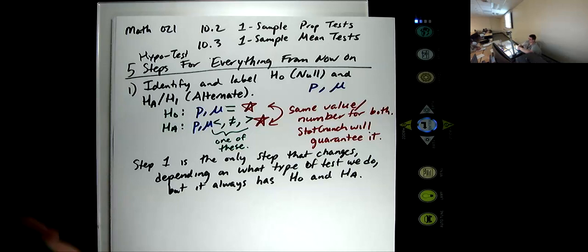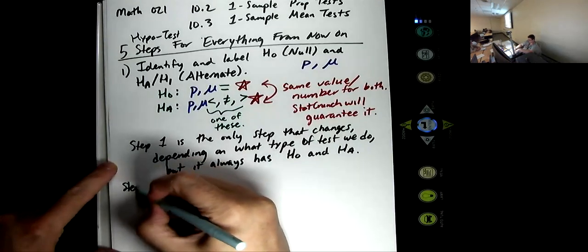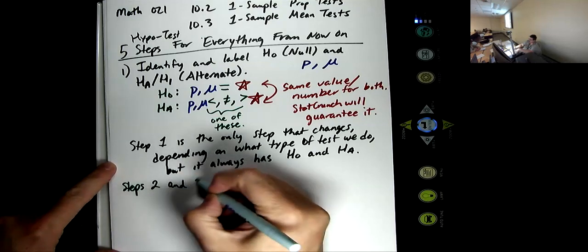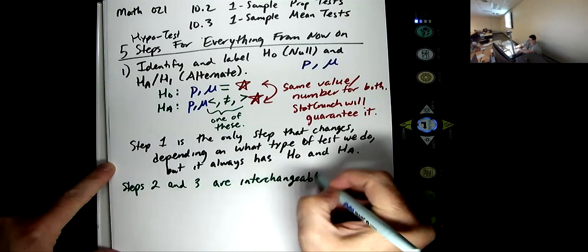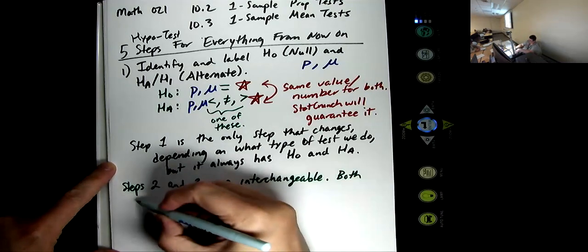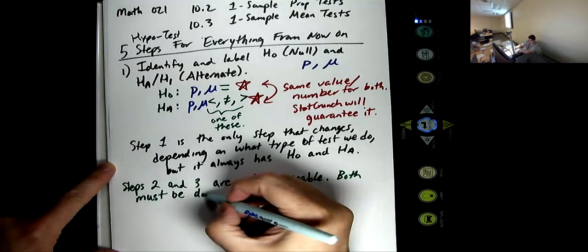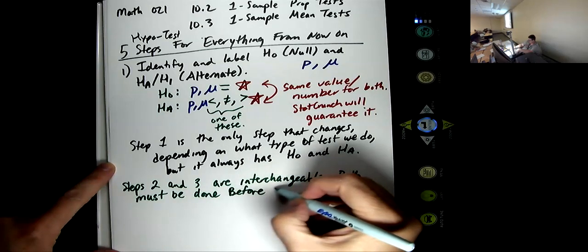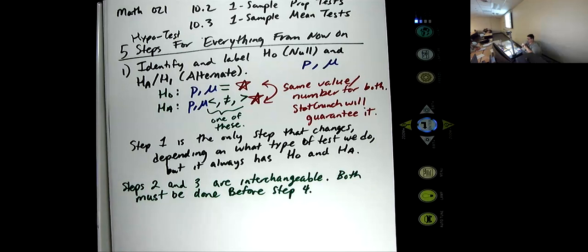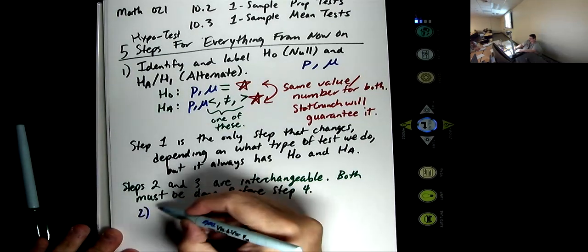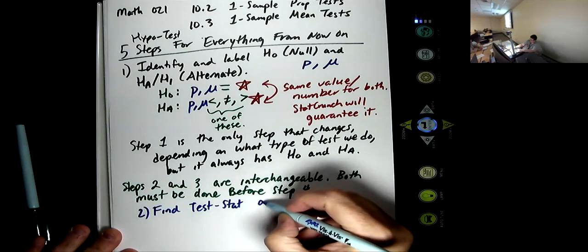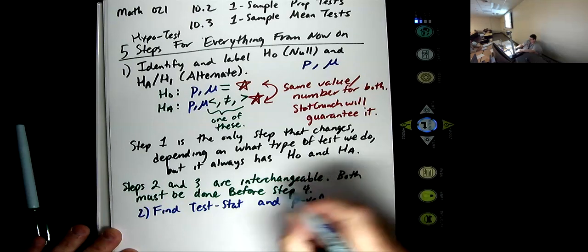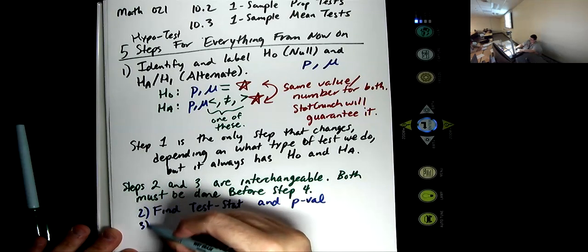Step 2 and 3 are interchangeable, but both must be done before step 4. So it doesn't matter which one I label these two. We'll say 2 is find the test statistic and the p-value. And 3 is find alpha.